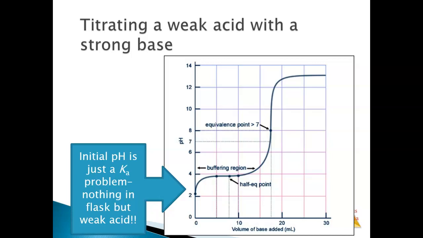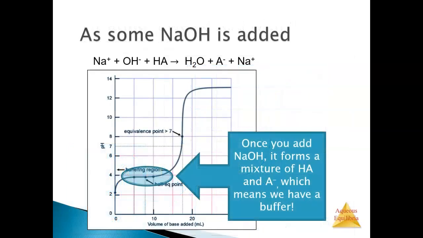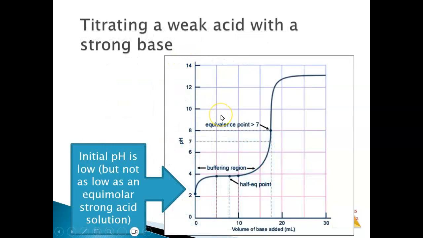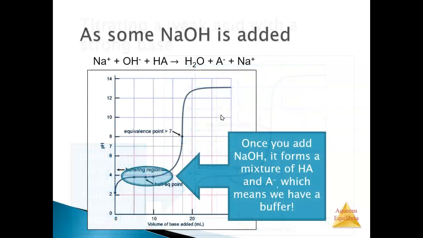The minute I start titrating, though, once I start adding that strong base, then I am starting to make a buffer. And that means that in this region here, in between the equivalence point and the starting point, I am actually dealing with a buffer.